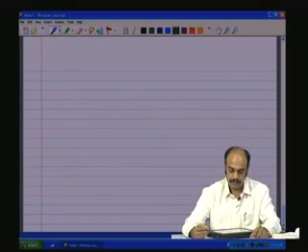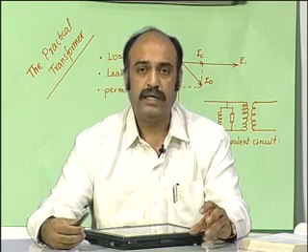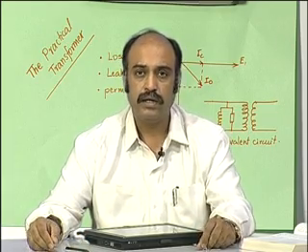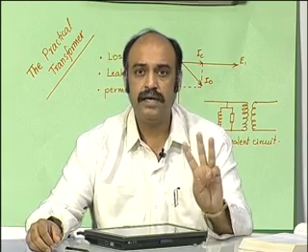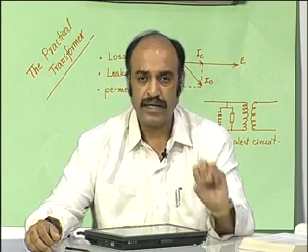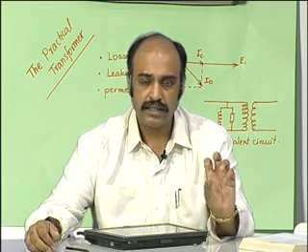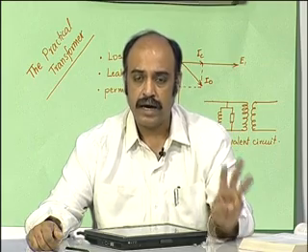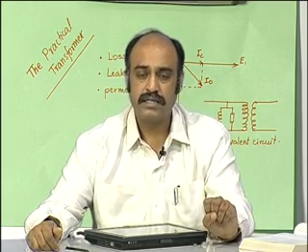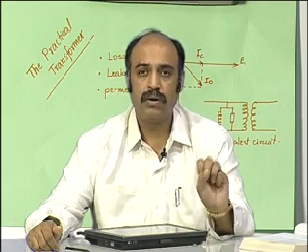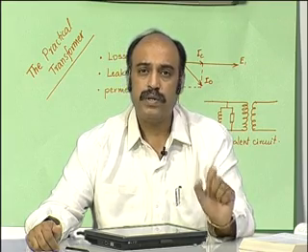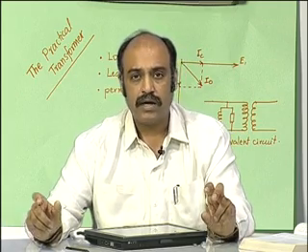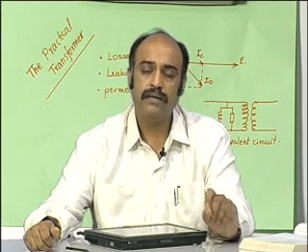Now, having discussed the practical transformers and having developed the complete equivalent circuit of the practical transformers, which contains 3 reactances: the magnetizing reactance Xm, and the leakage reactances X sigma 1 and X sigma 2, the primary and the secondary leakage reactances, and contains 3 resistances: Rc, which is the core loss component, R1, which is the winding resistance of the primary coil, and R2, which is the winding resistance of the secondary coil.